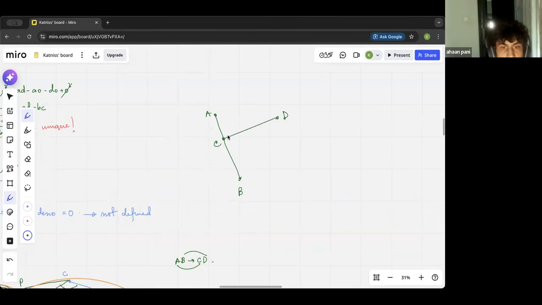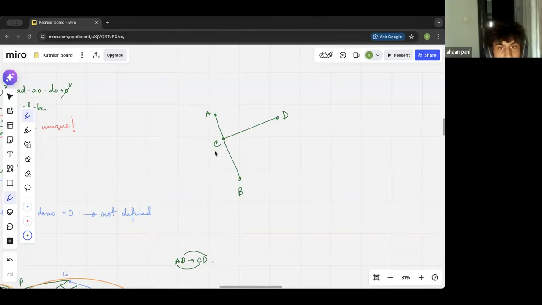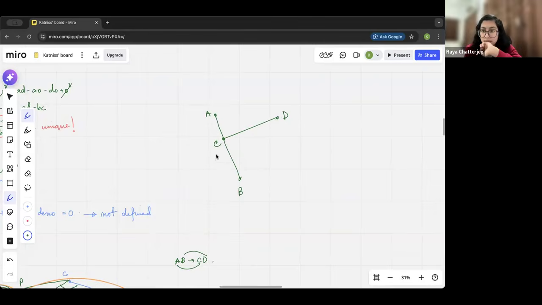Yeah. The circles are undefined. I was thinking we could take a limit of a point approaching C to define the circle, and you should get the limit of the intersection of the circles as well, and that should be the center of spiral similarity. Would that work? I think so, yeah.